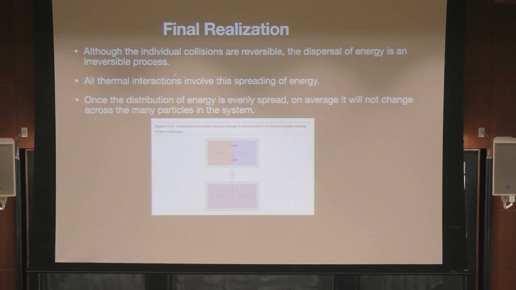All the thermal interactions involve this spreading of energy. So now that we know that, we can say, okay, when an object is hot, it has some sort of heat. There are collisions that occur between the object and the molecules surrounding it.